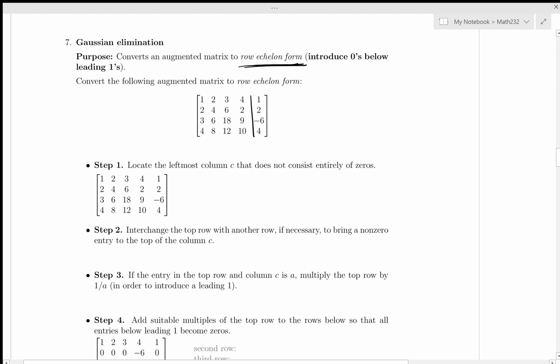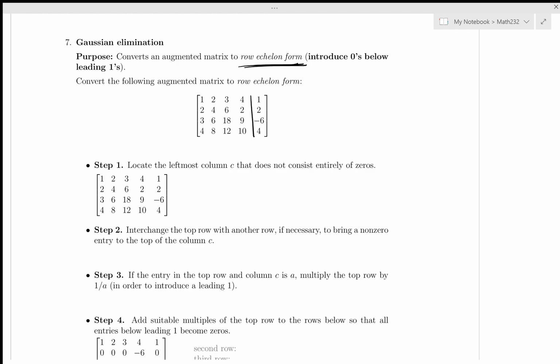That is the purpose. What we're going to be doing is what we call legal elementary row operations, and we're going to delve a bit more into what that means.